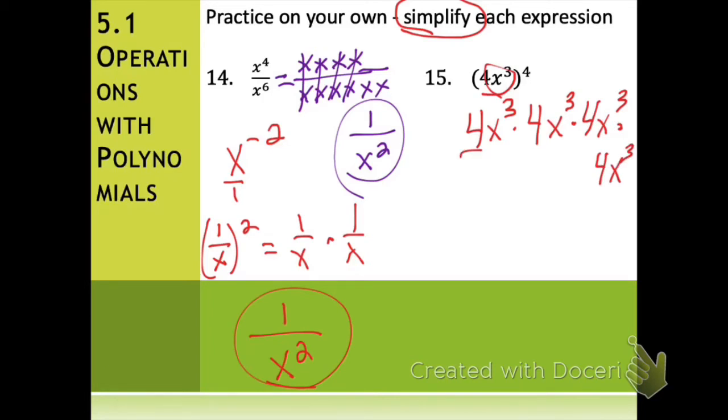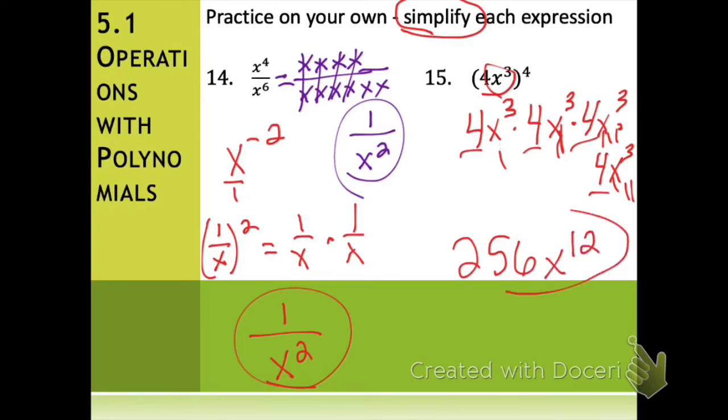So that's going to be 4 times 4 is 16, times another 4 is 64, times another 4, I'm going to just go to my calculator here, is 256. And I'm going to have 1, 2, 3, 4, 5, 6, 7, 8, 9, 10, 11, 12. It's going to be x to the 12th power. There's my final answer for 15.